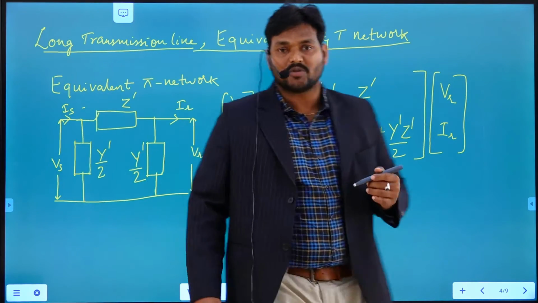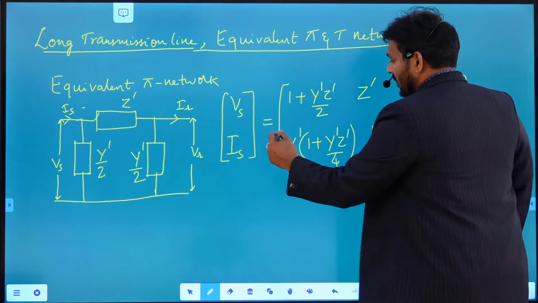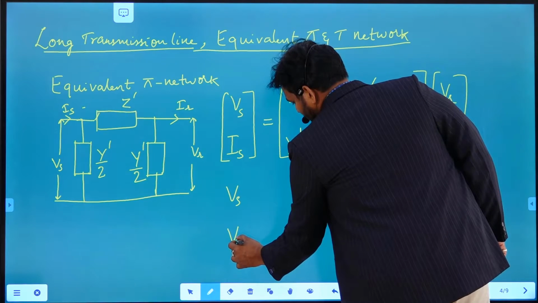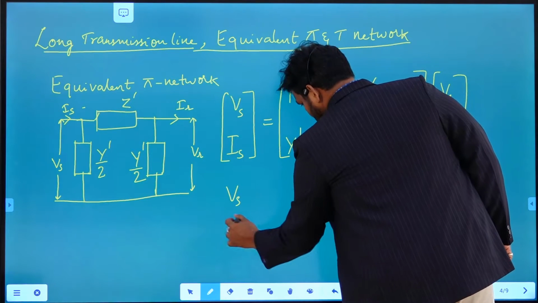Now what are the ABCD parameters of the exact long transmission line? Suppose this is Vs, this is Is.